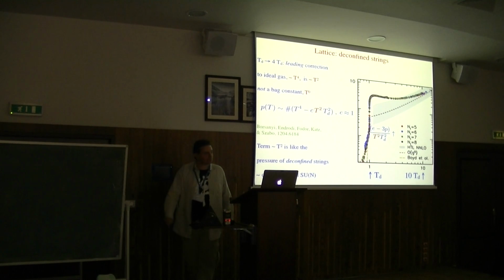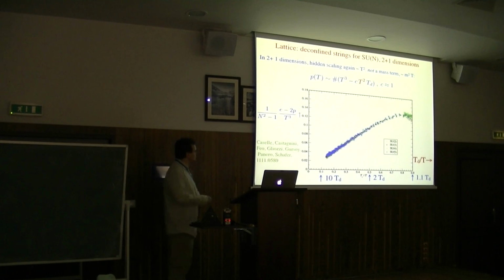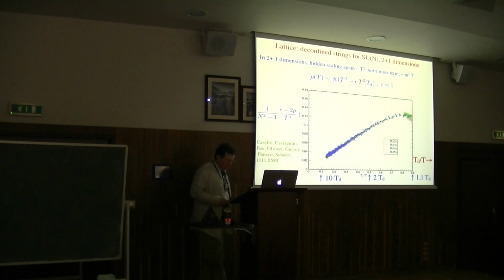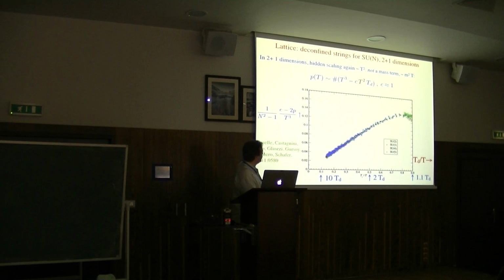That's obvious. But there are lattice results by the Italian group, Caselle and collaborators, in particular Michele Pepe, which show that in 2 plus 1 dimensions, where the ideal gas is T cubed, that again you get T squared. And if there was a mass term, it would be m squared times T, not T squared.